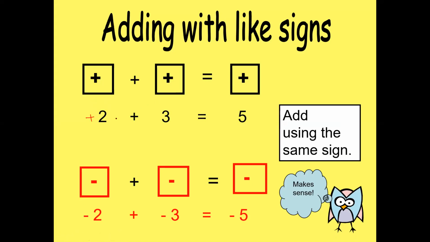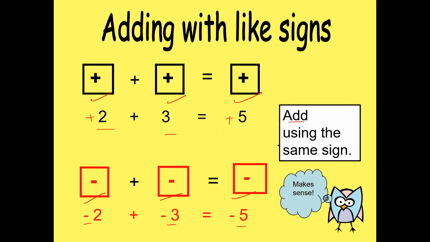For example, +2 +3 is +5 and -2 -3 is -5. यानी कि आप देख सकते हो, this was positive, this was positive, so the answer is also positive. If this is negative, answer is also negative. But in both the conditions, we have to add the numbers.